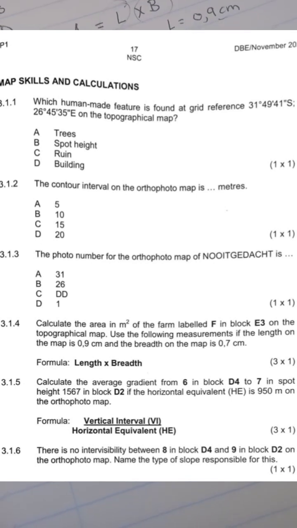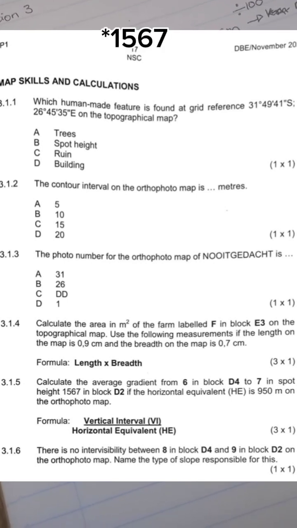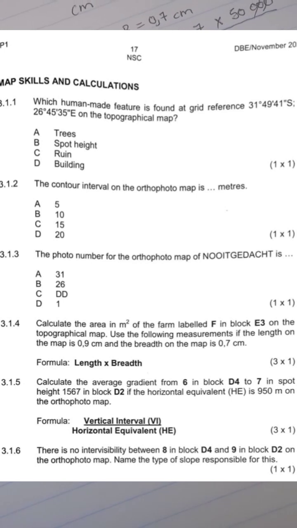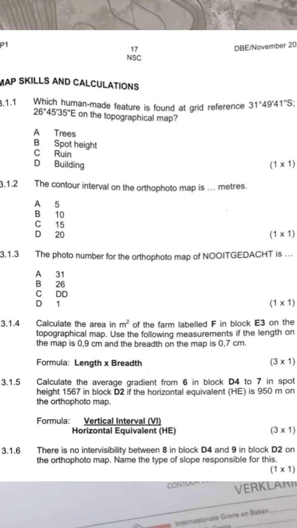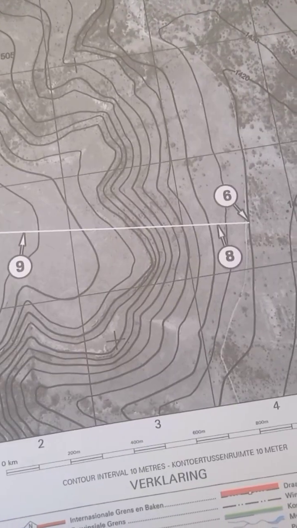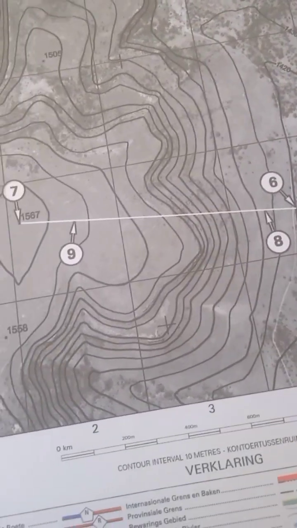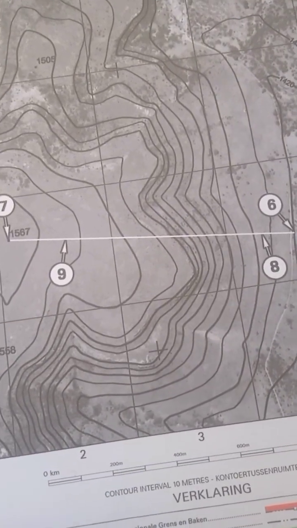So let's head on to the next one. 3.1.5: calculate the average gradient from 6 in block D4 to 7 in spot height 1567. So that has to be the orthophoto map, right? Yes, it's the orthophoto map.